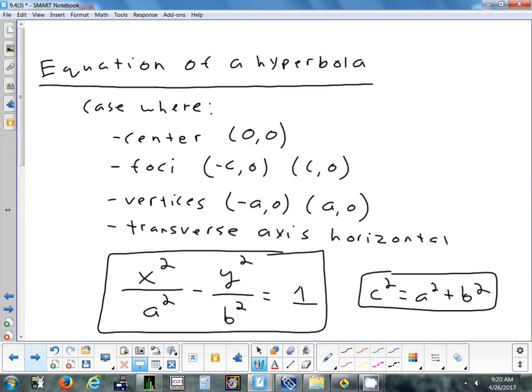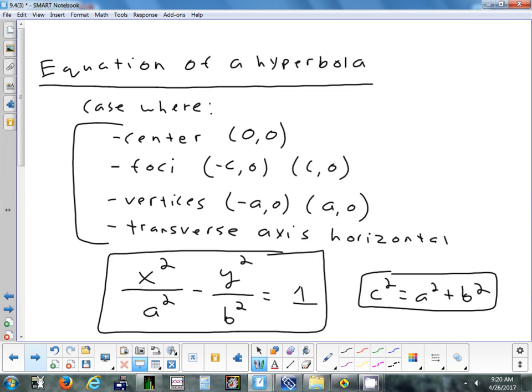So these are all the characteristics of a basic hyperbola. Center at the origin, no shifting. The foci: if you want to write this out, you can, or you can just write what we did yesterday. The foci are C units away from the center. The vertices are A units away from the center.